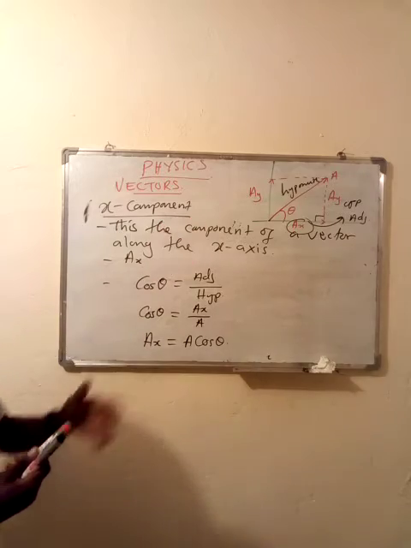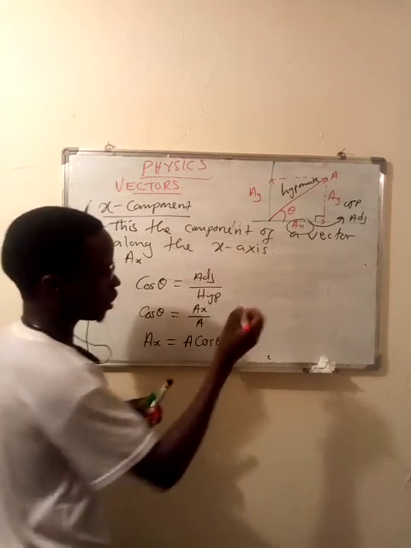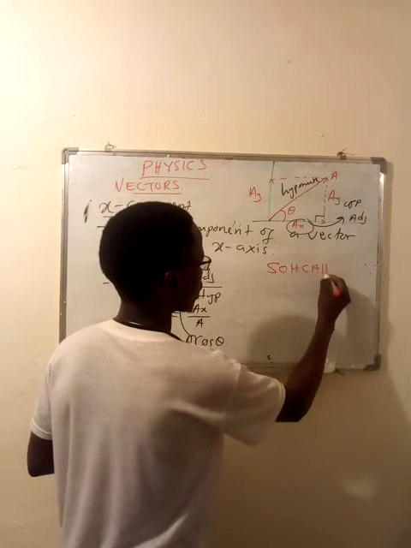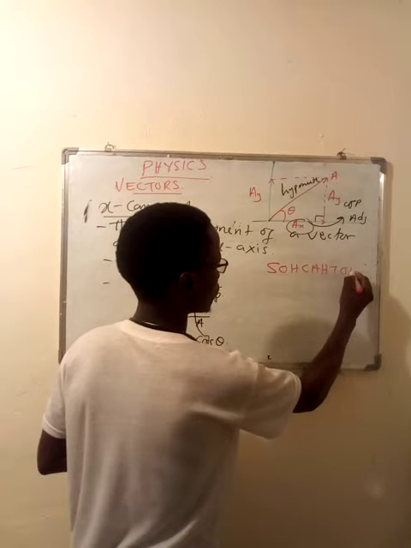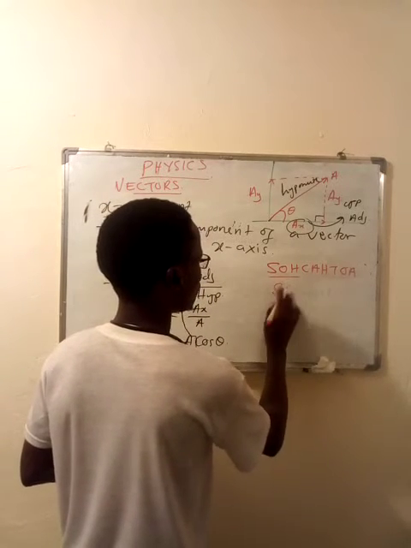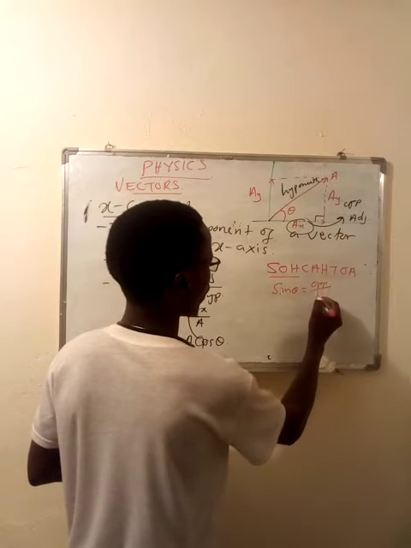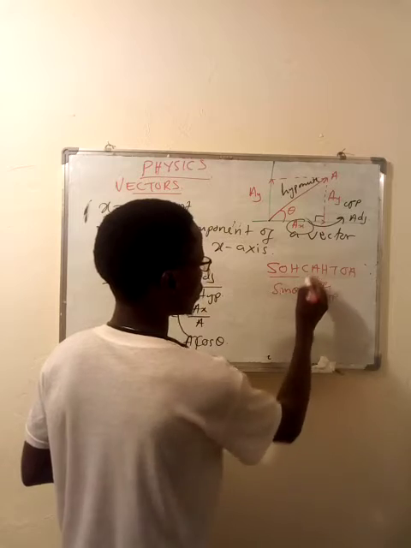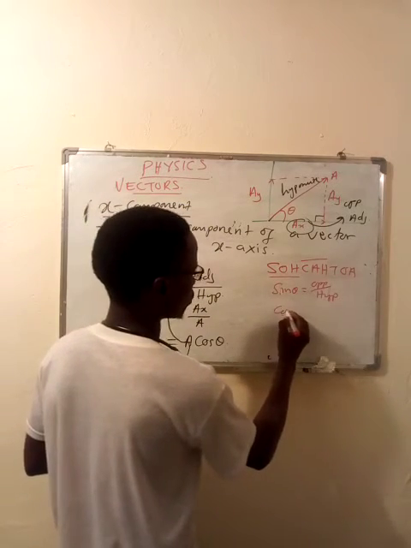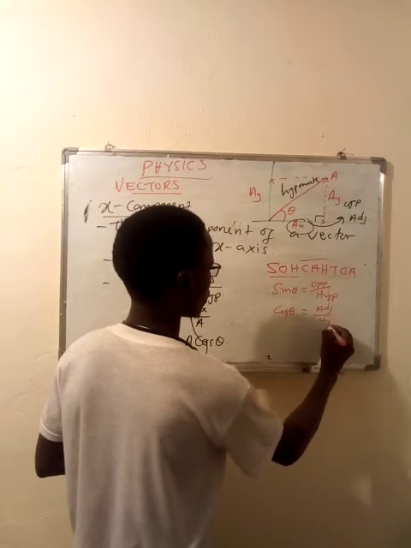I'll go through again. Remember there was that mnemonic that we used to use back then, SOHCAHTOA. Where this part, this is sine theta equal to opposite over hypotenuse. Then the part there, that is cos theta equal to adjacent over hypotenuse.